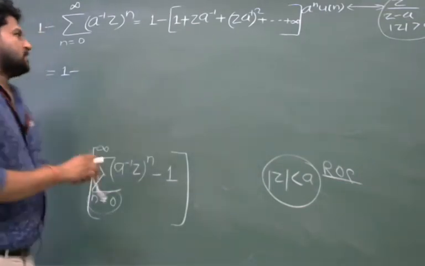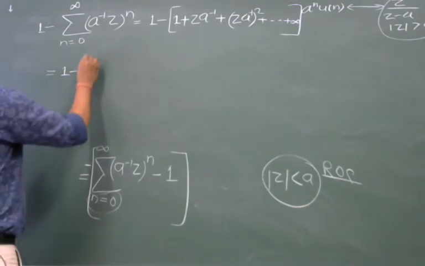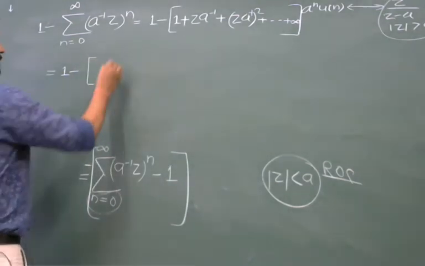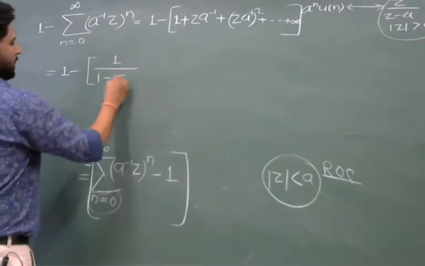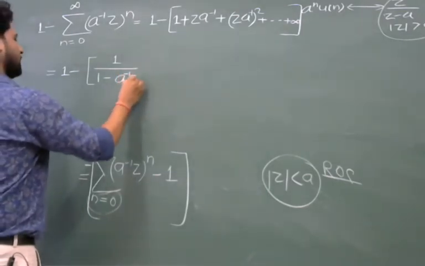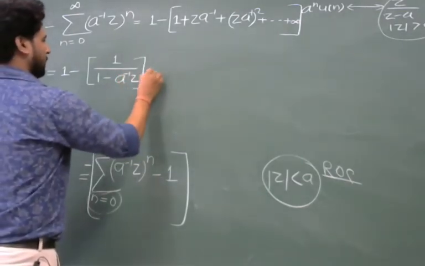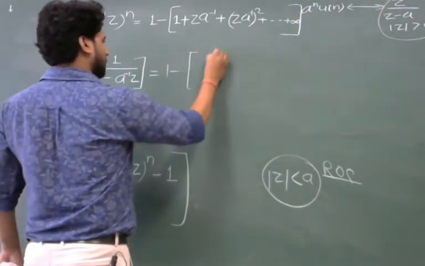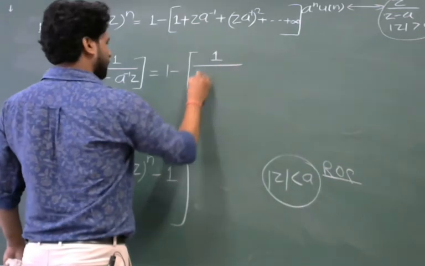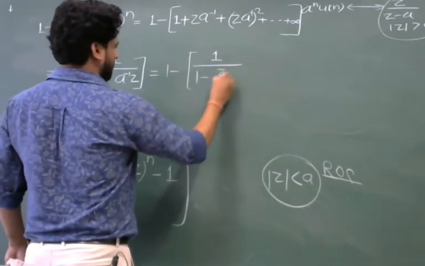For that purpose, we can write the summation of this as a upon 1 minus r. Again it is 1 upon 1 minus a inverse z, or this can be written as 1 minus 1 upon 1 minus z by a.